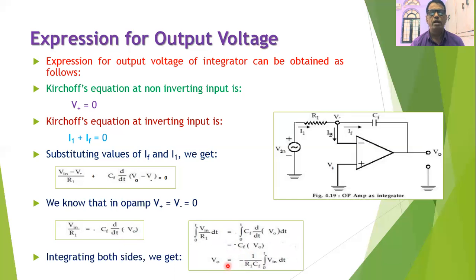And therefore we can write VO is equal to minus 1 upon R1 CF, with R1 and CF taken out of the integration sign, times the integration of V in dt. So from this expression, we observe that the output voltage is minus 1 upon R1 CF times the integration of the input voltage. That is, the output voltage is proportional to the integration of the input voltage.